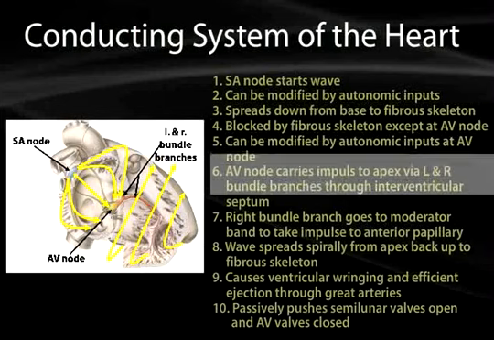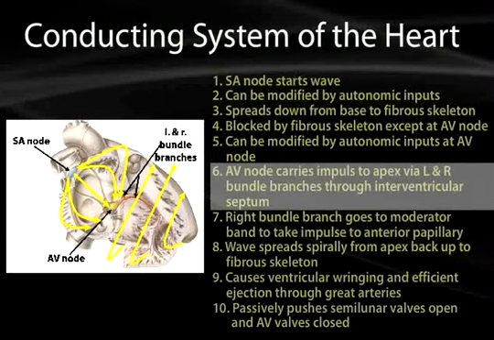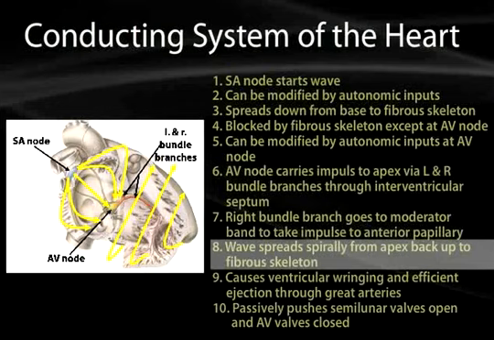And the AV node will then divide into the left and right bundle branches of His, and that will carry on down in these specialized Purkinje fibers, and they'll start a contraction from the apex upwards, and since the muscle fibers are directed spirally, this contraction is also directed spirally. So here's the sequence of events in words for those of you that would prefer to look at it this way.